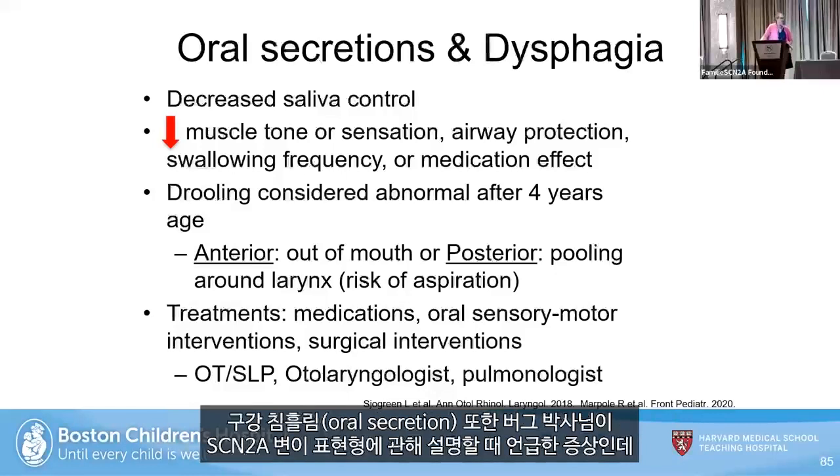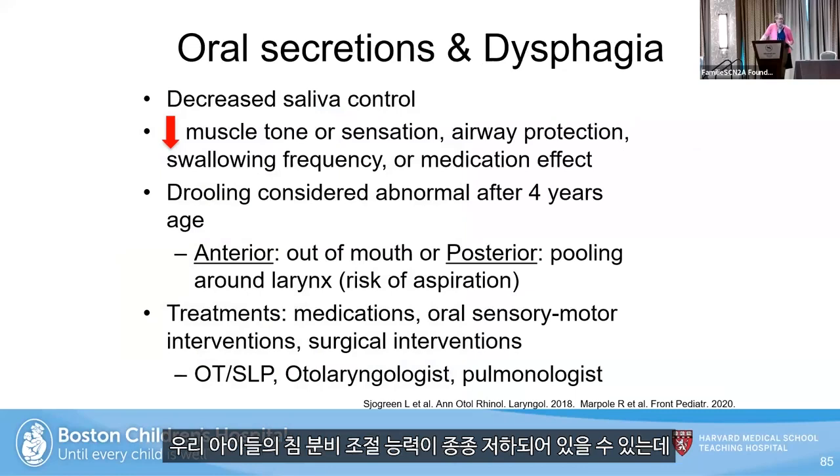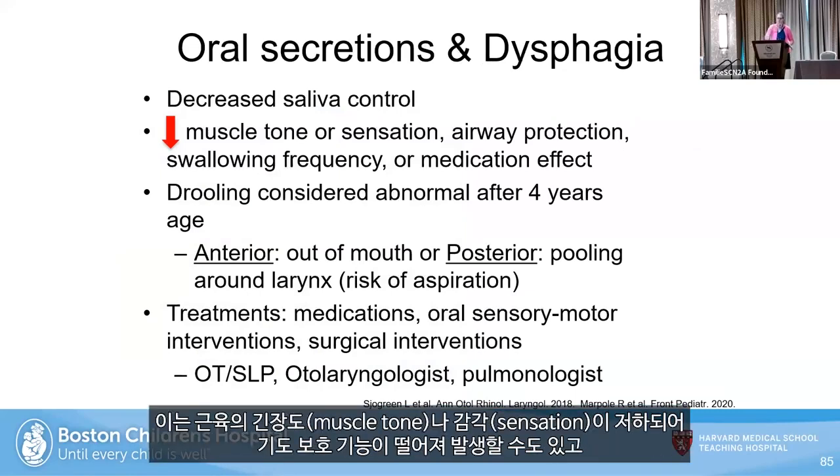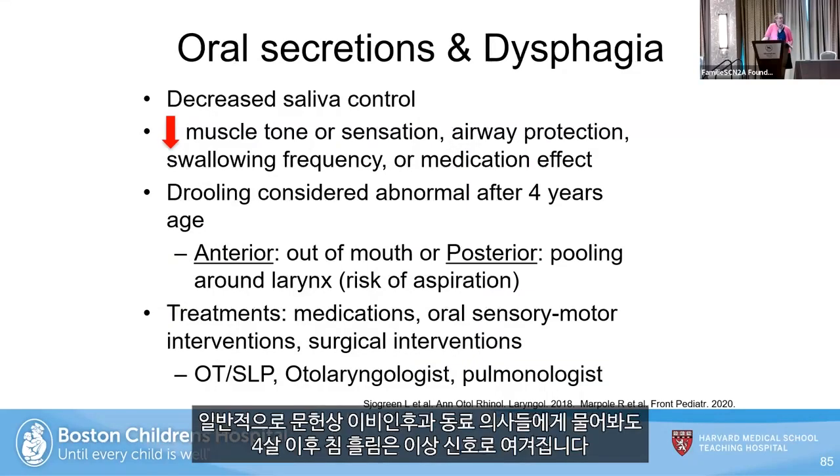This was also brought up earlier in Dr. Berg's talk about the phenotypes: oral secretions. Those are heavily tied into a child's dysphagia because they often can have decreased salivary control. That's due to lower muscle tone or sensation that leads to decreased airway protection. Sometimes they'll actually have decreased swallowing frequency, or medications that can affect their having higher amounts of saliva. Drooling, technically in the literature, if you ask your otolaryngology colleagues, is considered abnormal after 4 years of age.